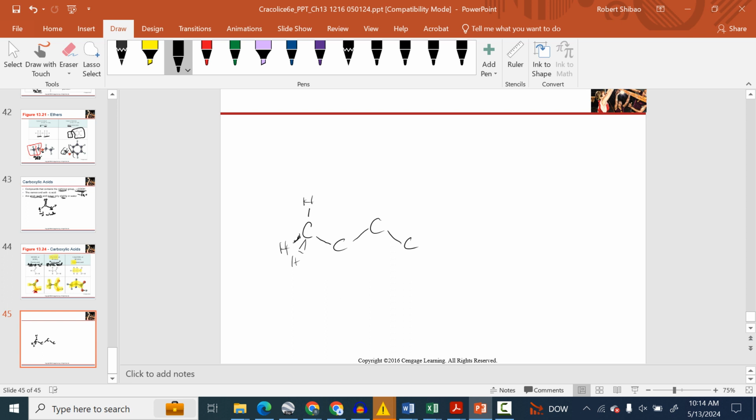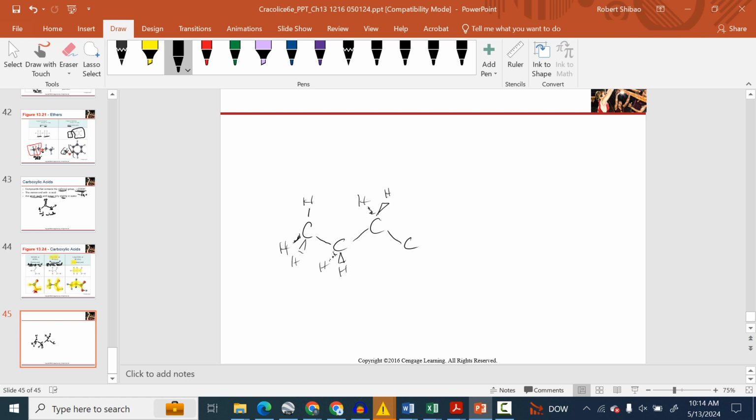And then for these middle carbons, we write the carbon-carbon bonds in the plane. That means the carbon hydrogens have to come out and stick in. So here's our butane chain. There's no double bonds, so butane chain.